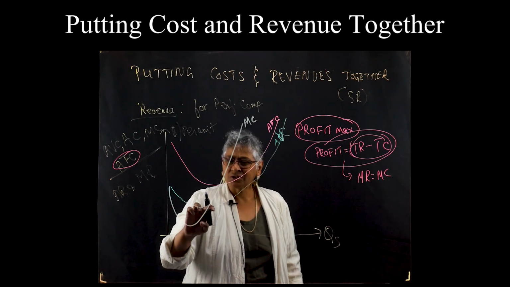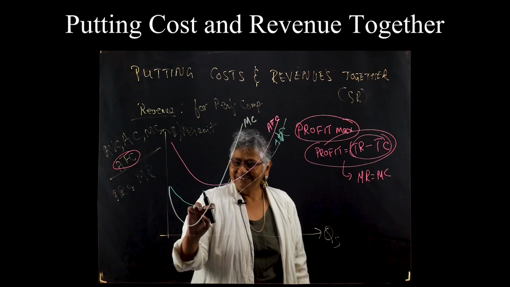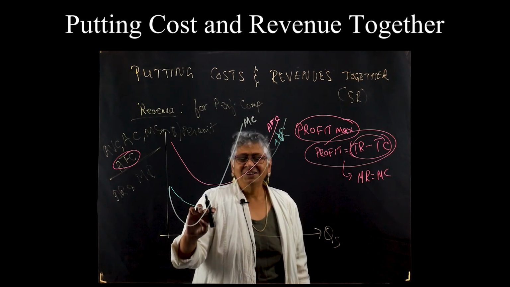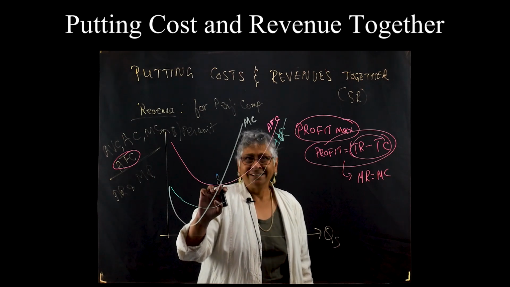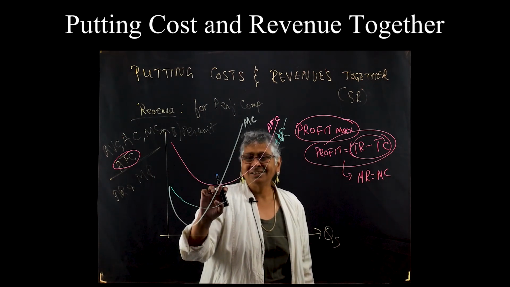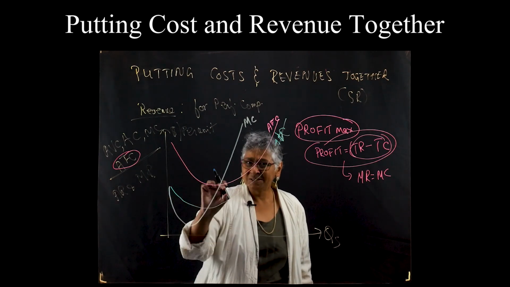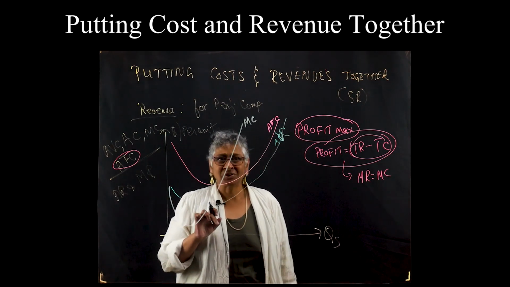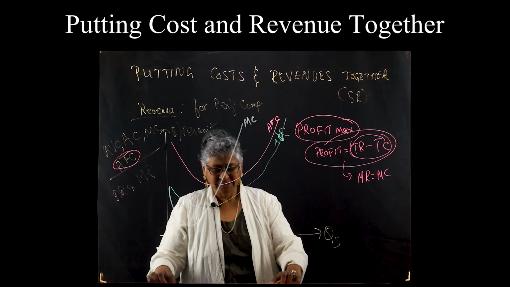It drops, then starts rising. As it rises, it'll hit the average variable cost at the bottom of that bowl, and it will hit the average total cost at the bottom of that bowl. The distance between these two is your average fixed cost, right? This is just the graph you had earlier.